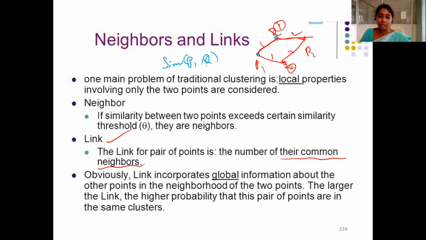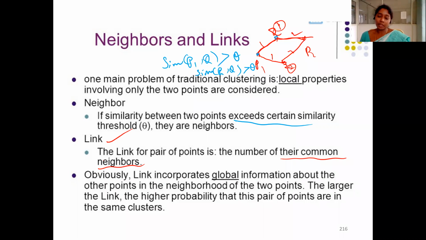If this similarity satisfies a given threshold theta, that means it is greater than theta, then I can say that the point Q is a neighbor of P1, or P1 is a neighbor of Q. Similarly, I calculate the similarity between P2 and Q. If this also satisfies the threshold, then I can say Q is a neighbor of P2.